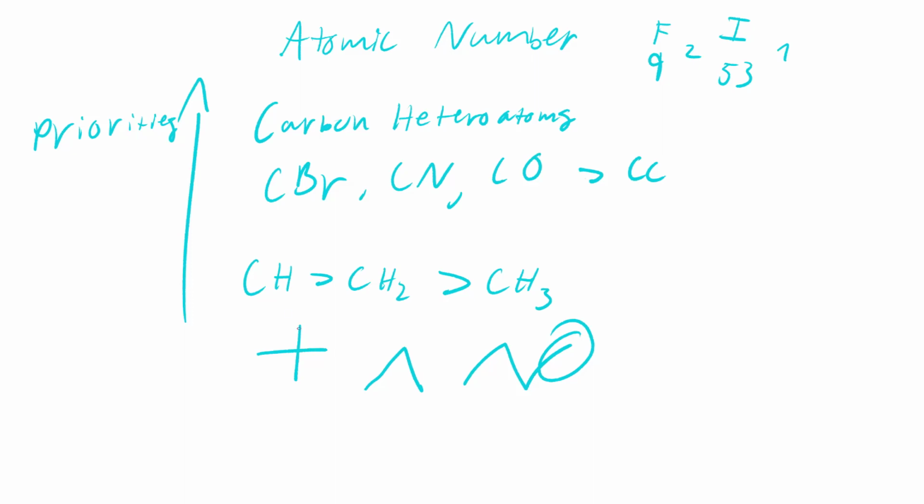A carbon that has one H or no H's is more important than a carbon with 2 H's, and that's more important than a carbon that has 3 H's, also known as a methyl group. So keep that in mind when we're going through these practice problems, and I'll bring it up when it comes out. Be on the lookout.